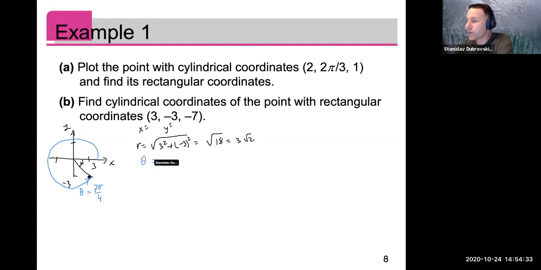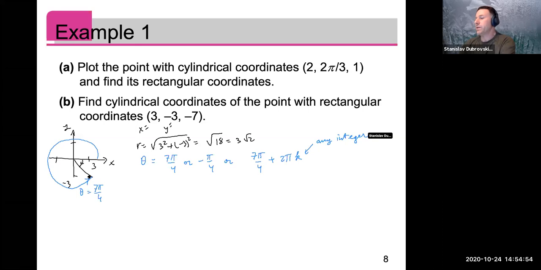So theta could be 7 pi over 4 or negative pi over 4, or most generally start with the standard representation and add any number of 2 pi's times k, where k is any integer. Okay, so for instance, we can give it 3 root 2 and 7 pi over 4. So we've gotten the xy coordinate.